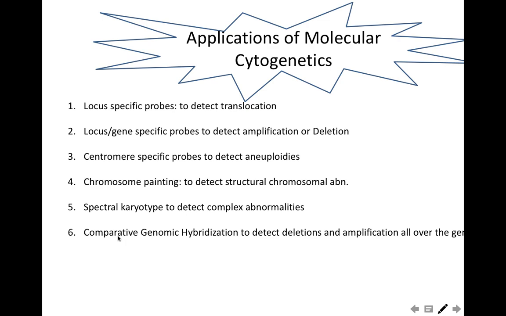You are comparing two genomes, right? And it is based again on hybridization, the same principle, the same method we talked about in the previous slide, that we will be using this principle of base complementarity. This comparative genomic hybridization is exactly like a scale, as if you are weighing two DNAs, two different genomes, and seeing which one has an excess or a deficiency. So you see the parts with deletions and the parts with amplification all over the genome. Okay? We will see pictures of each of these examples to illustrate the different methods of molecular cytogenetics in future slides.